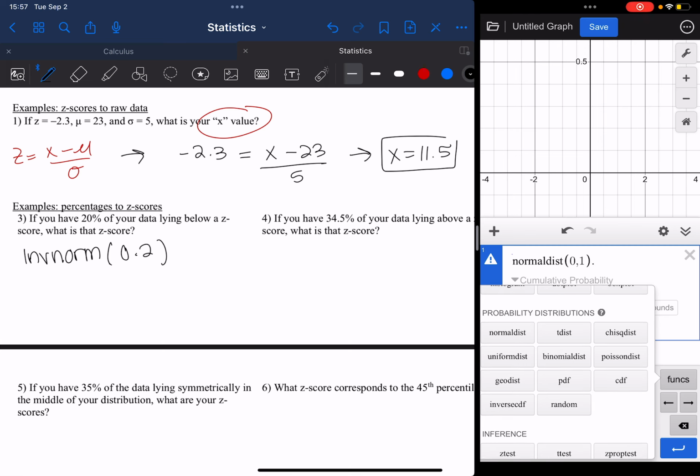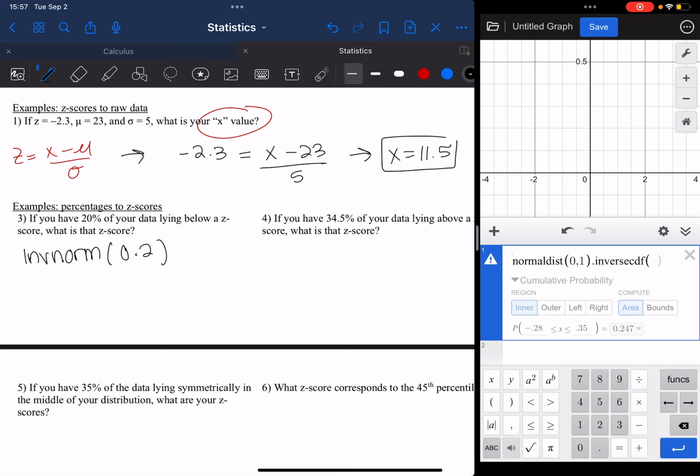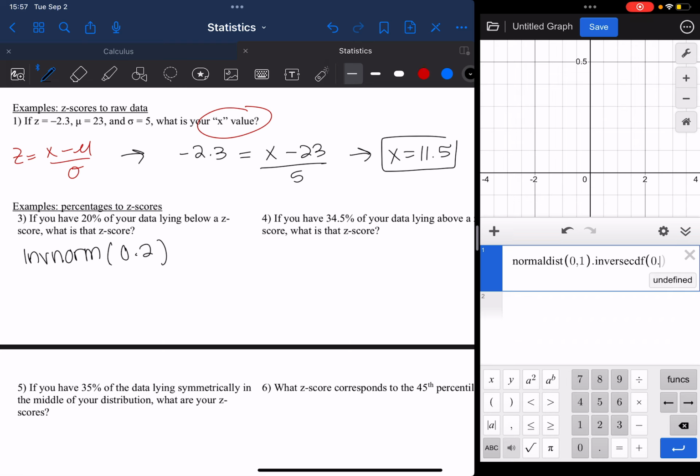Right here, inverse CDF. And then from inverse CDF, I'm going to type in 0.2. Okay. And that gives me my answer.